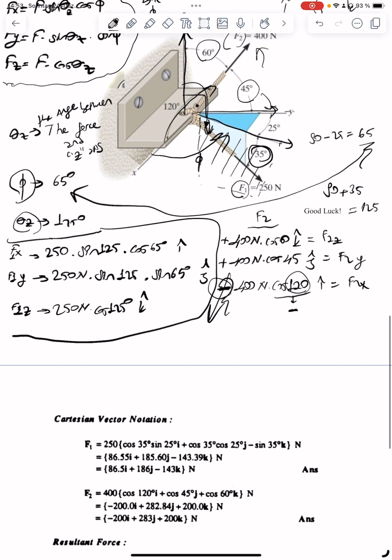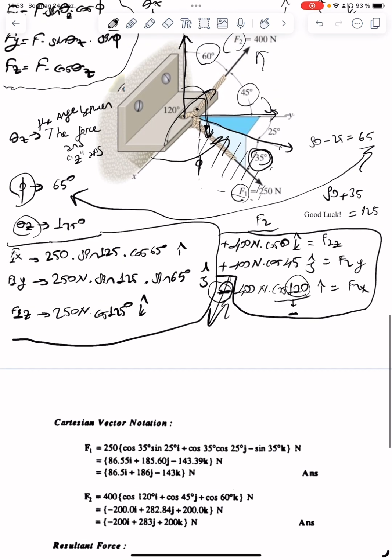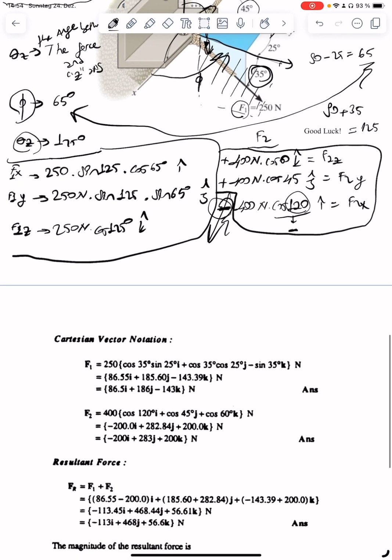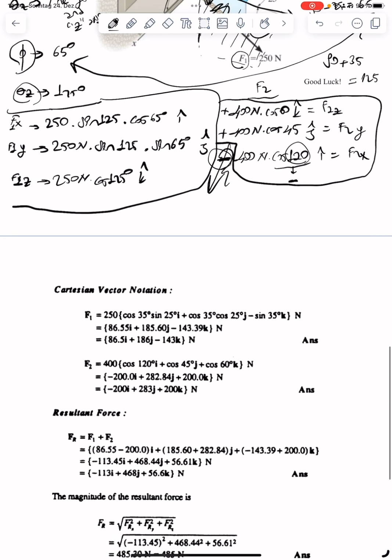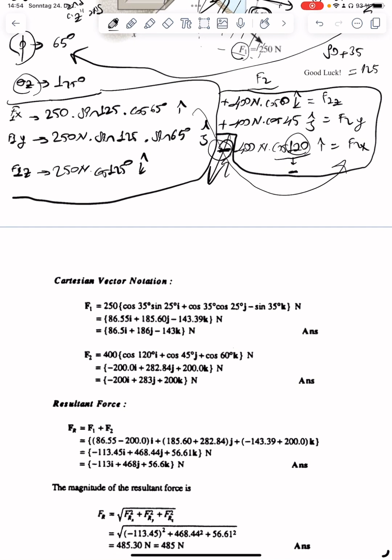And we can find F2's components. Yes, and we must sum up in the i forms, j forms, and k forms.